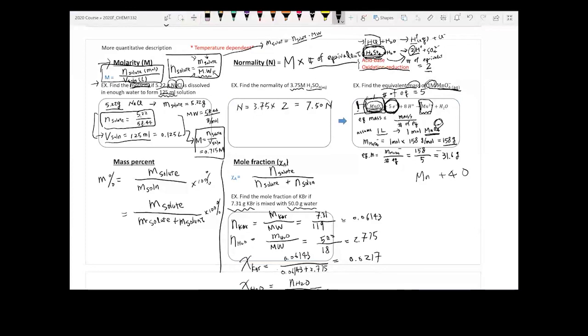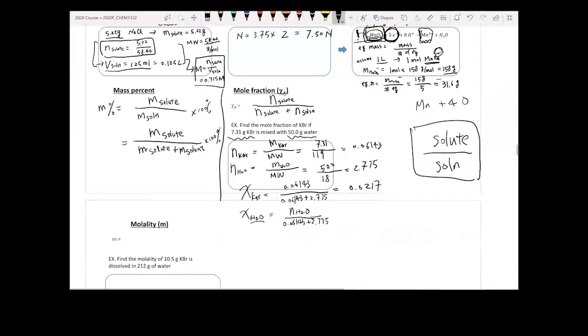For this page, these four different concentration terms, the concept is always solute over solution.